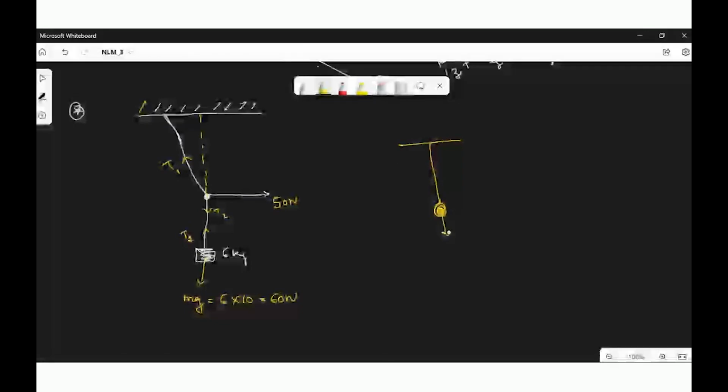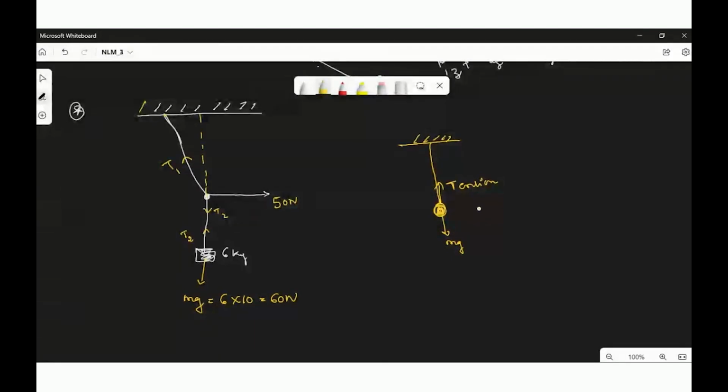There will be some weight acting downward. Because of its weight, the object is not falling down. There must be some force which is balancing this downward force. That is what we call tension, the tension in this string.